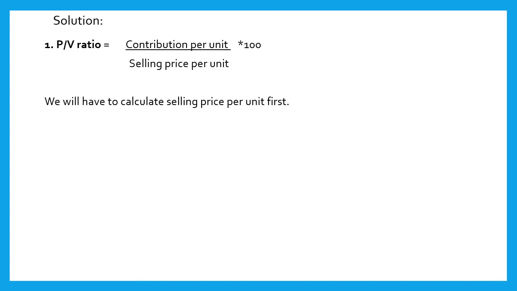In our example, we have the selling price in total and the variable cost per unit. So we need to calculate selling price per unit first. How will you calculate selling price per unit? Sales value upon sales units. Sales value is rupees 1,50,000 and we have 15,000 units. So our selling price per unit is rupees 10.